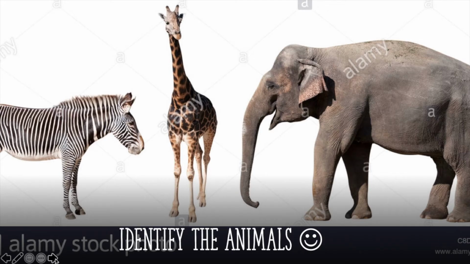Those who are following this series from part 1, just a quick recap. The problem statement which we had is identifying or classifying an input picture as either a zebra, a giraffe, or an elephant. That is the problem statement we took in part 1.